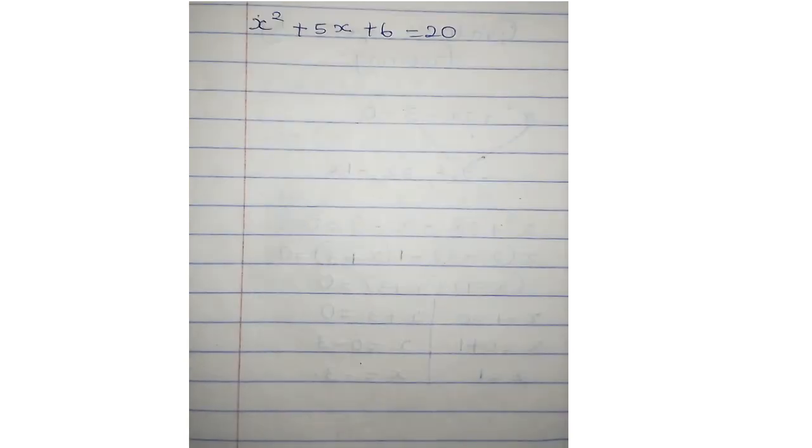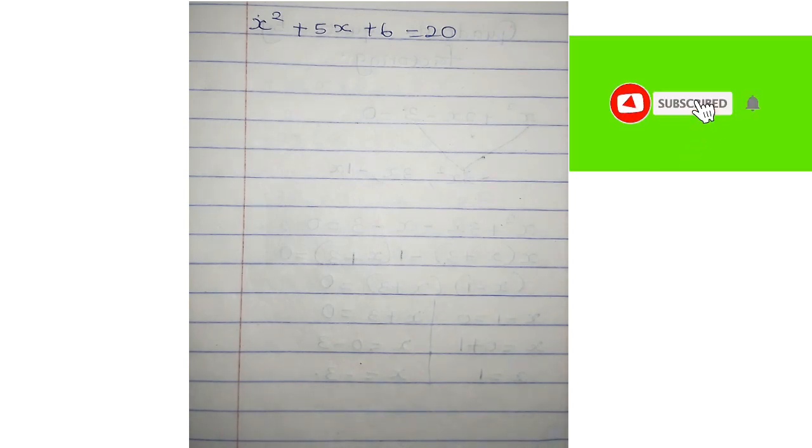Alright guys, we're given this question and we're asked to factorize it. Now if you look at this quadratic equation, it is not equal to 0, so we need to make it equal to 0, and that can only be done if we subtract both sides by 20.